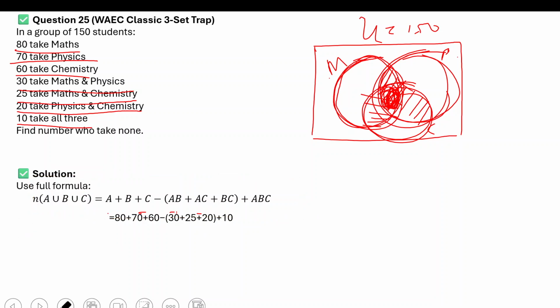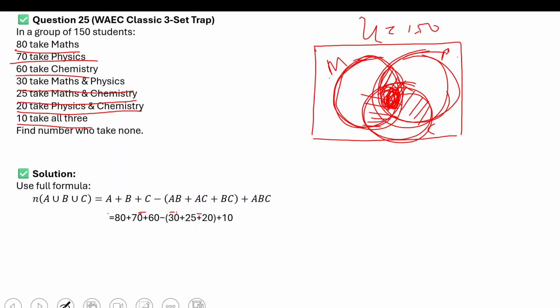So the number of mathematics is 80. The number of physics is 70. The number of chemistry is 60. So for the intersections, just put minus, then open a bracket. 30 is intersecting math and physics.